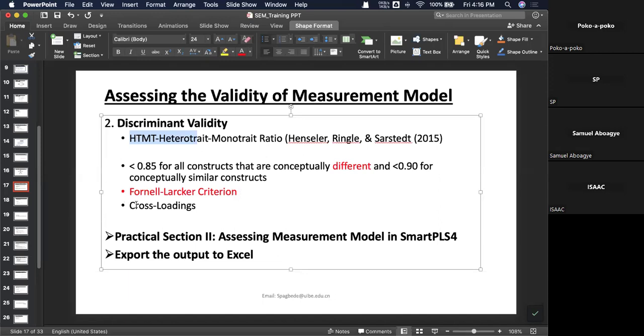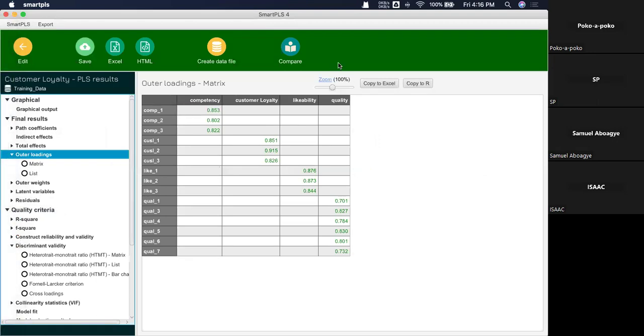So after doing this, because you're going to report all this before you go to your final hypothesis testing, you need to save this output. And the best way to save this output is to export it to Excel. So on my screen here, you can see there's an Excel logo there.